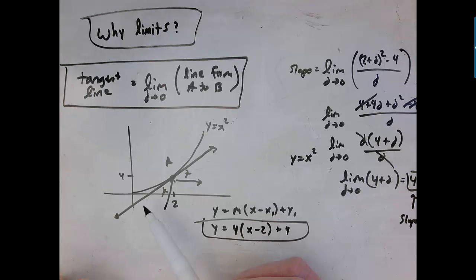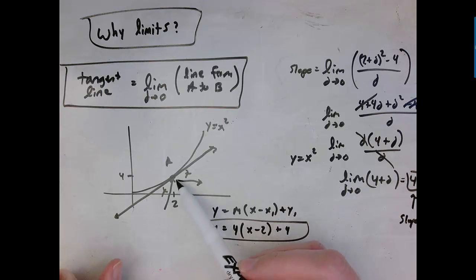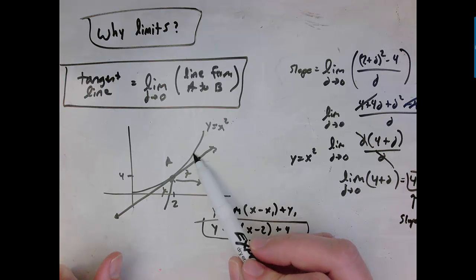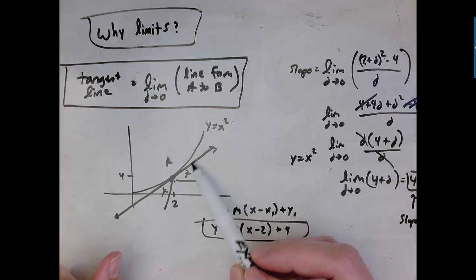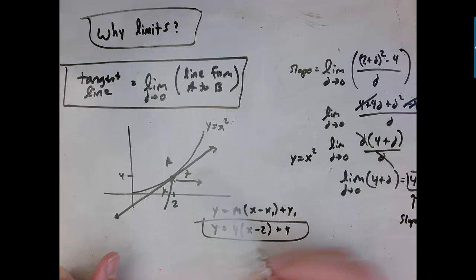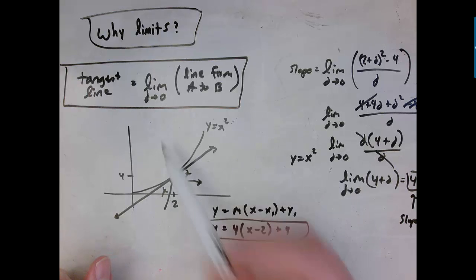So what we did was we described something that wasn't a tangent line, but then we described a process where we could make our thing closer and closer to the tangent line we wanted it to be. And that's why limits are useful.